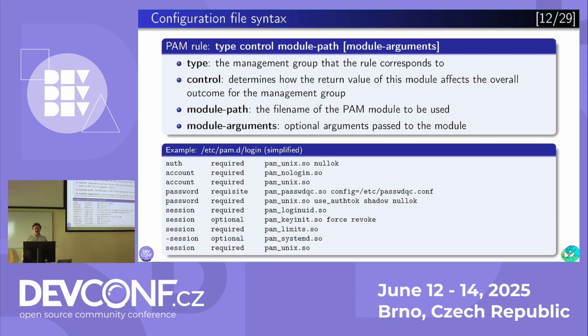The first one is a type, which is the name of the management group. The second one is a control that says how to interpret the return value of the module. The third one is the module name, or it could be the module path, but nowadays it's discouraged to use the full path to the module because they are by default in well-defined places. And some modules actually have arguments.